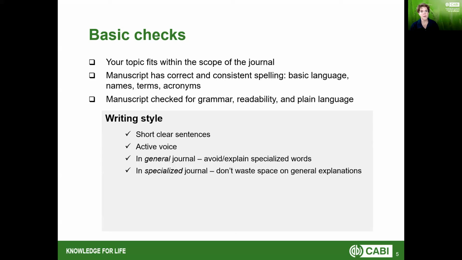And in specialized journals, you probably don't need to have these long explanations, so don't overdo it if you know that your manuscript or your paper is generally going to be read by people who already have some level of expert knowledge in the topic.